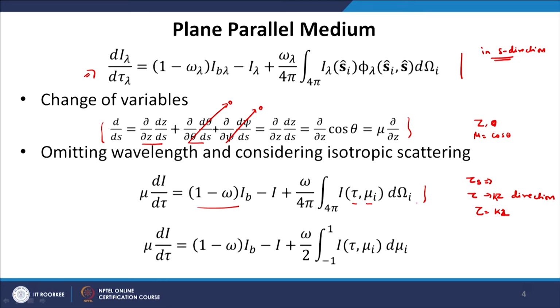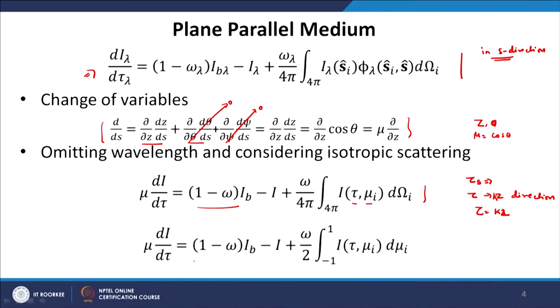One thing you should note is that I have dropped the subscript lambda, just for simplification purposes, but the equation is valid for each and every wavelength. So, mu dI by d tau is equal to 1 minus omega times I b minus I, plus the integral term, and we remove the azimuthal angle by integrating over it.